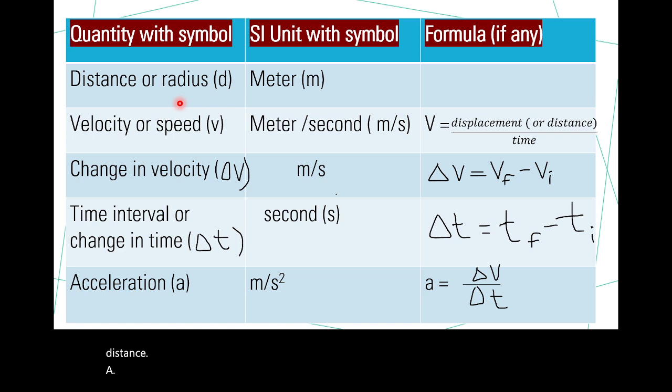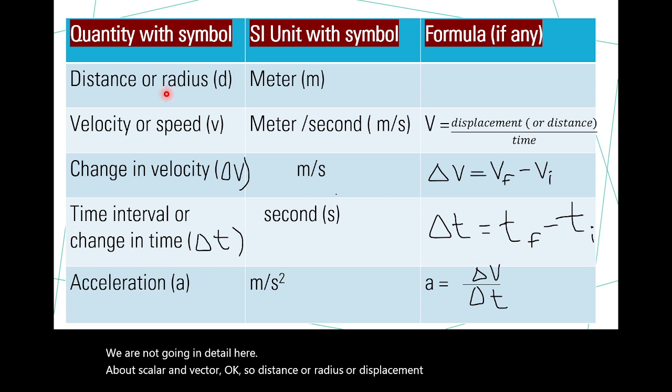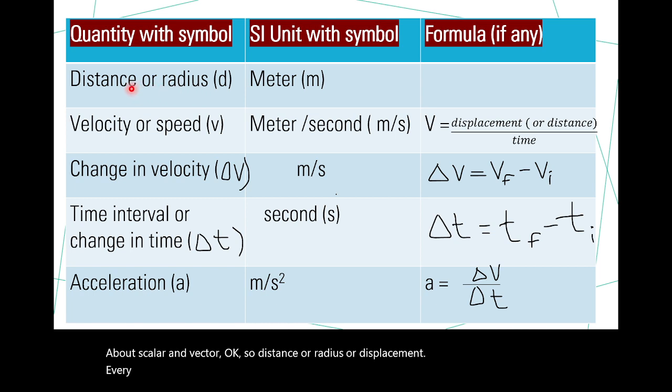Now we have a similar quantity which we call displacement. The only difference is that displacement is a vector quantity, distance is a scalar quantity. We are not going into detail here about scalar and vector. So distance, radius, or displacement, every one of these three quantities has the unit meter.